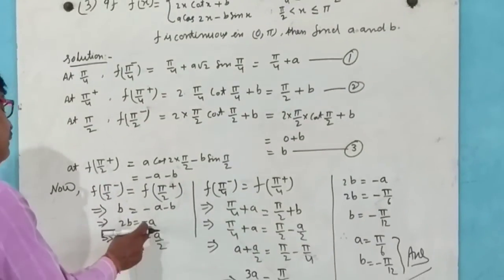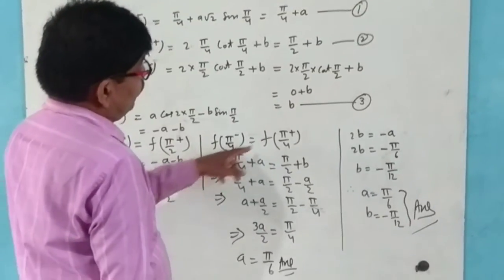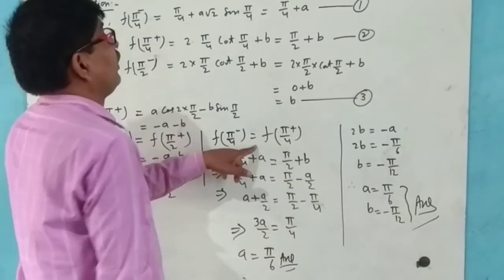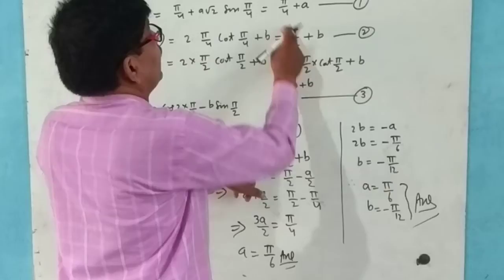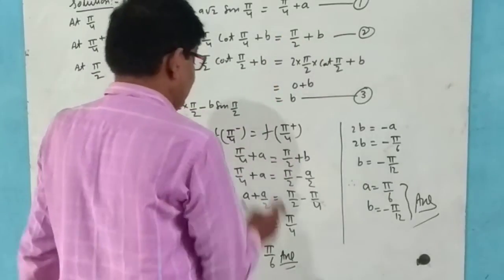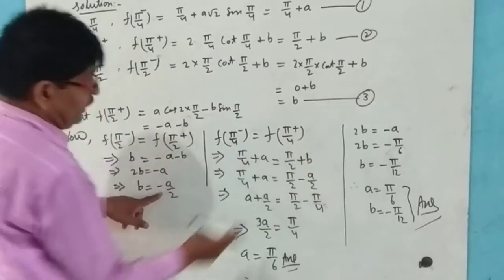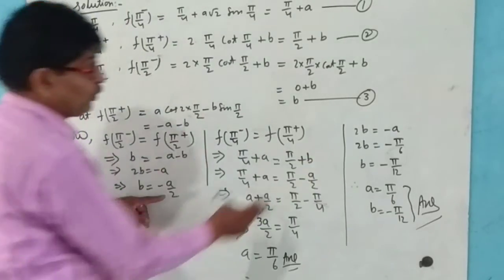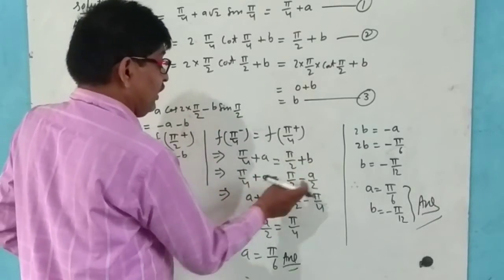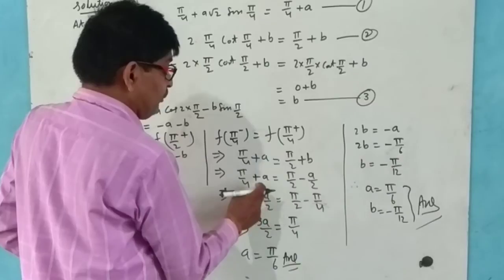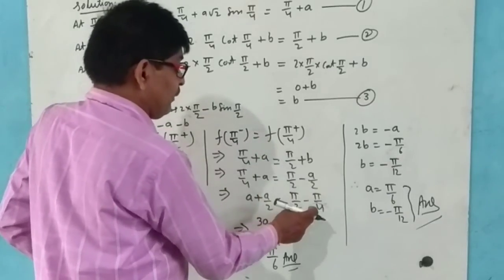So b is equal to minus a by 2. Now at pi by 4, the left and right limits are both equal, so pi by 4 plus a equals pi by 2 plus b. Putting the value of b equal to minus a by 2, a comes here plus a by 2, and pi by 2 comes here minus pi by 4.